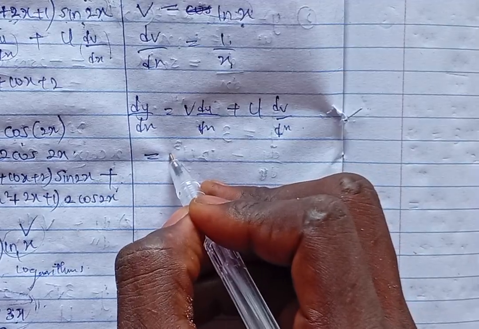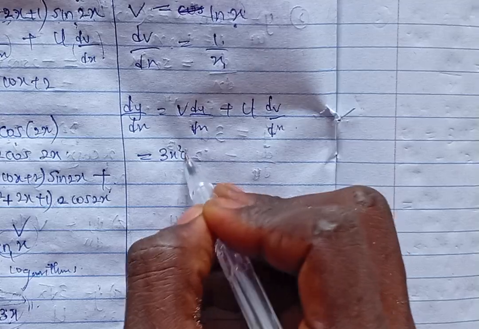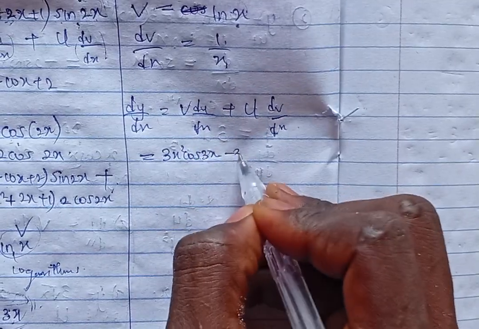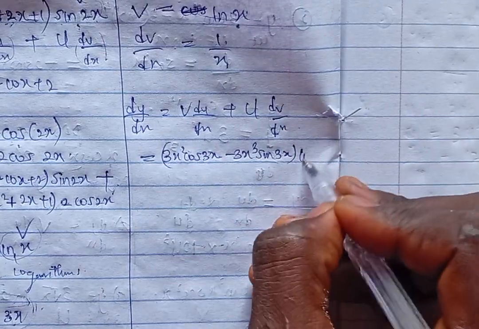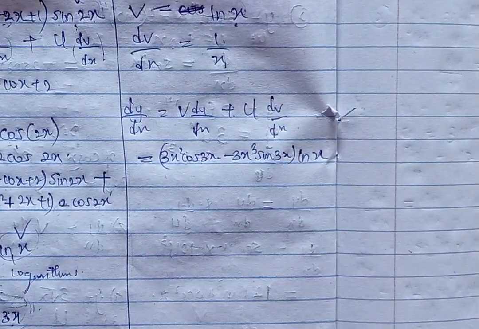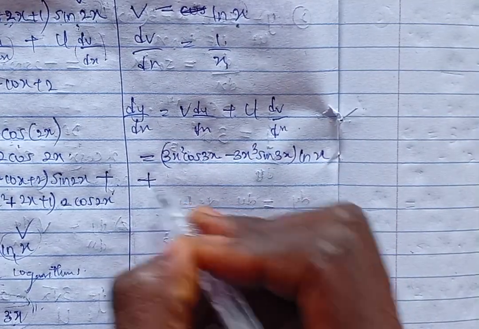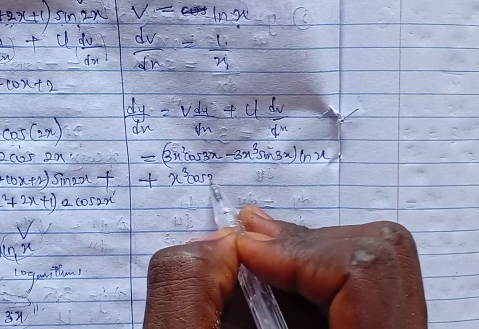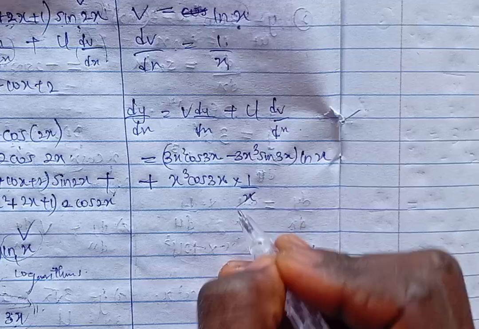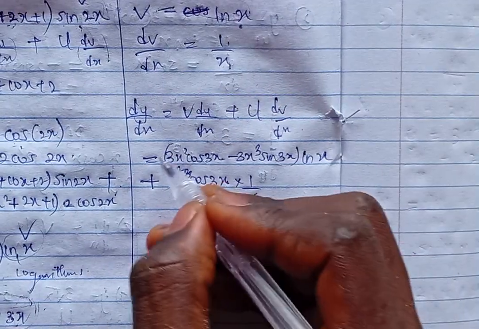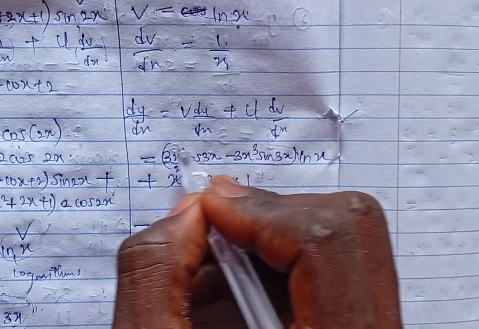Our phi is ln x multiplied by du dx, which is 3x squared cos 3x minus 3x cubed sine 3x, everything multiplied by ln x, plus our u, which is x cubed cos 3x, multiplied by 1 over x. So I can factorize 3x squared out here.